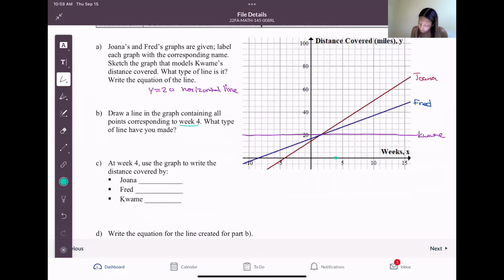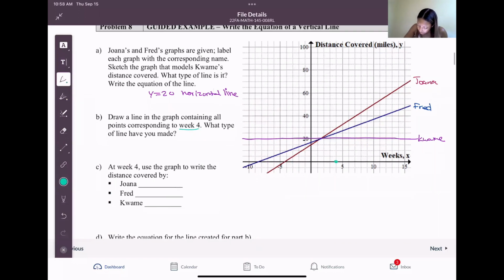So this is X equals 4. Then we want the line that goes through this. Boom, we get a vertical line where all of the X values are equal to 4. So what type of line have we made? It's a vertical line. And the equation would be X equals 4.